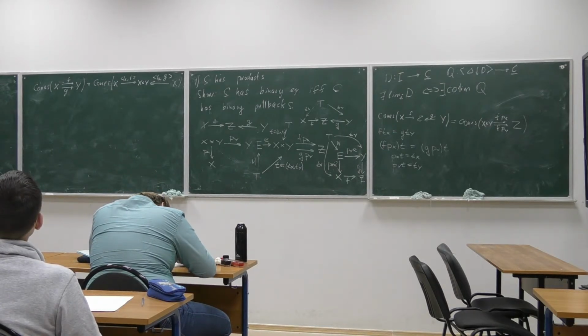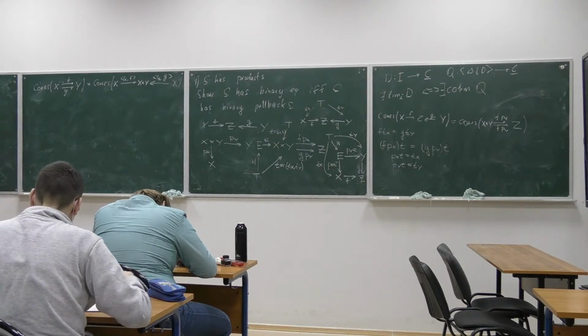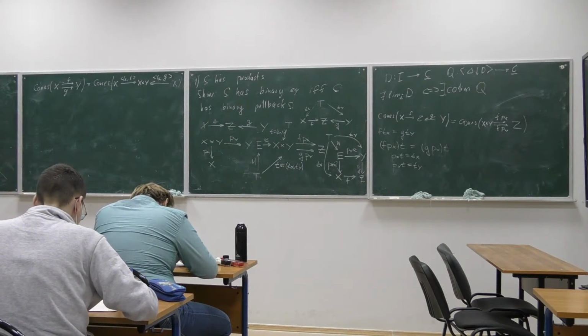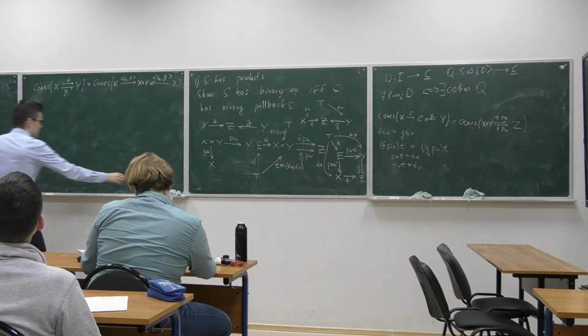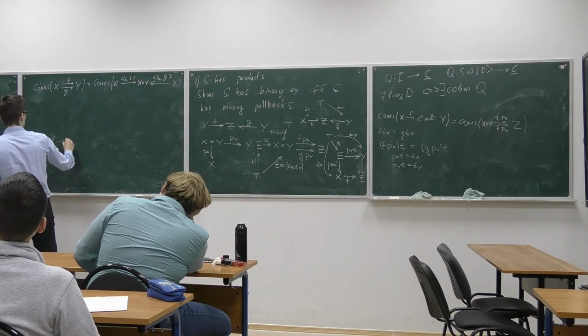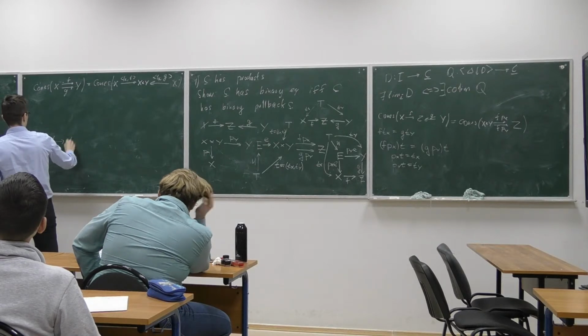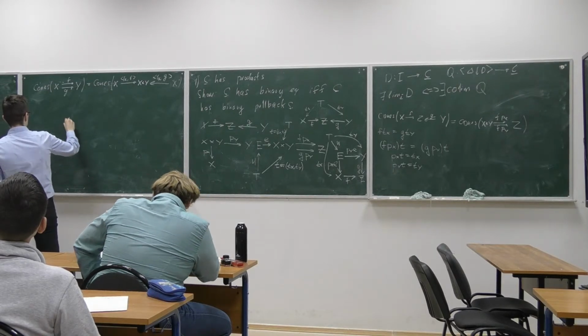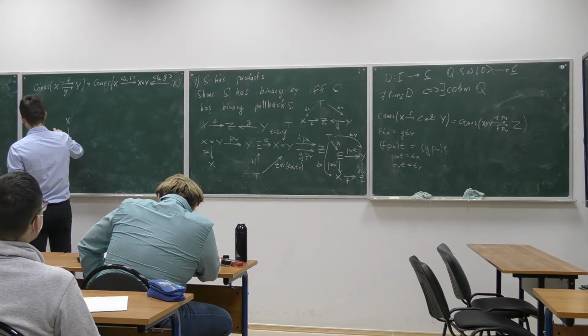So if we consider this diagram like this, then the pullback will exactly be an equalizer.